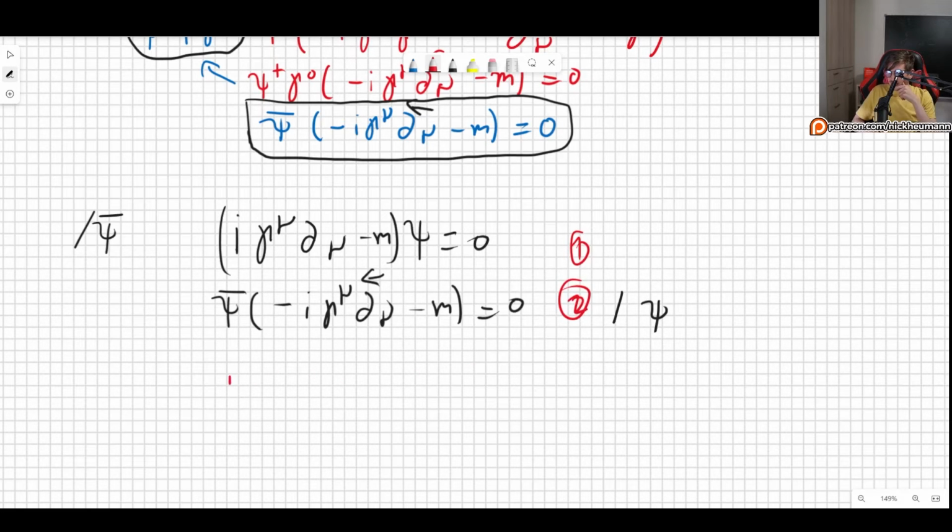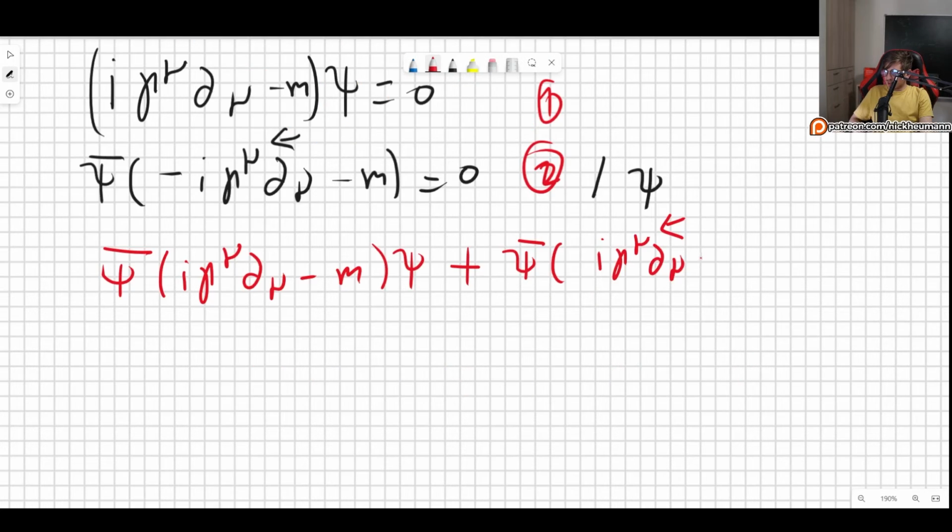So we get ψ† iγ^μ ∂_μ − m times ψ, and then minus, but we also have minus minus, so they all end up becoming plus: ψ† iγ^μ ∂_μ acting on the left, and then plus m times ψ is equal to 0.